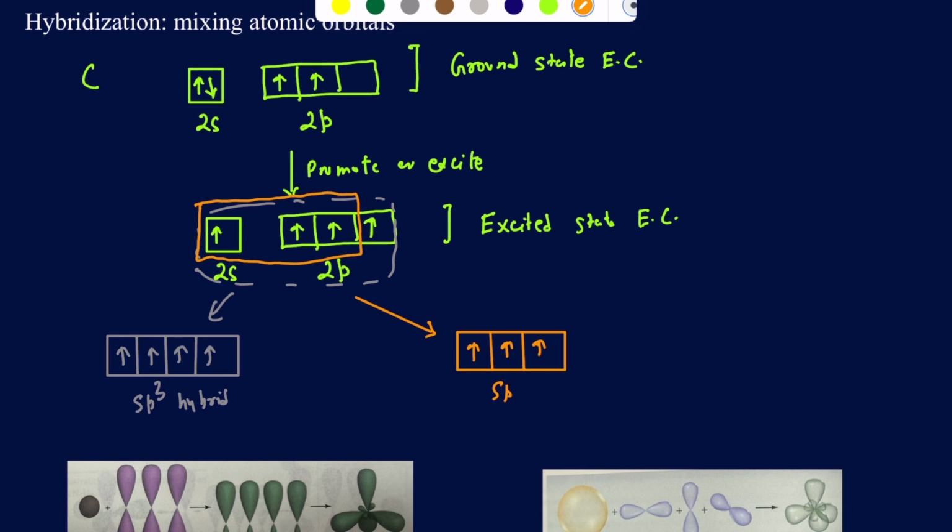That would be your sp2 hybrid orbitals. Then you're going to have one p orbital that is not part of the mixing. Remember that. It still has an electron that is going to be able to make a bond, but we call this an unhybridized p orbital.